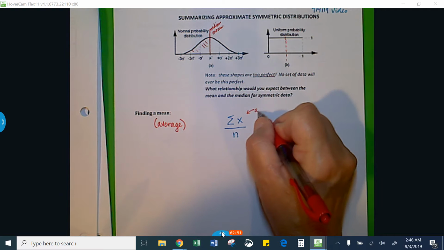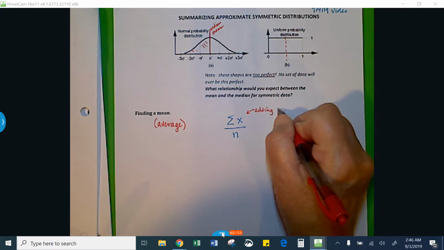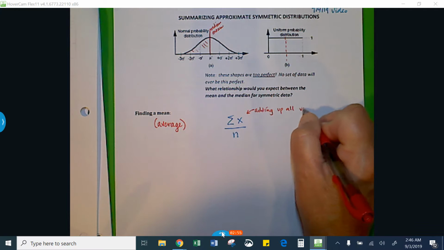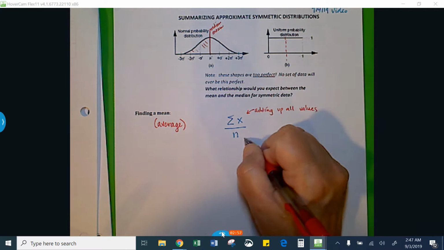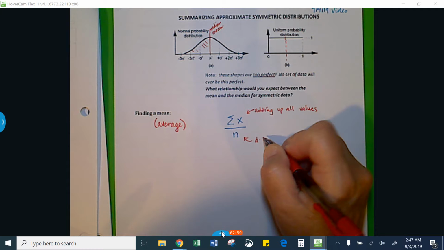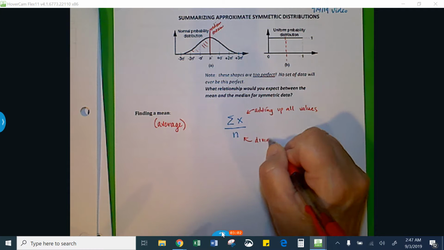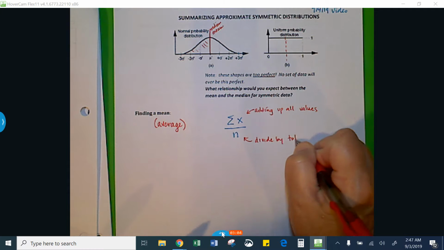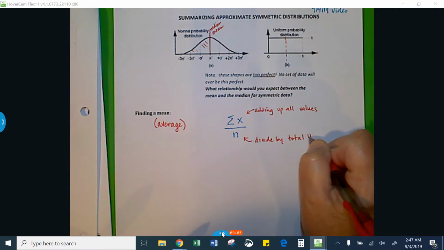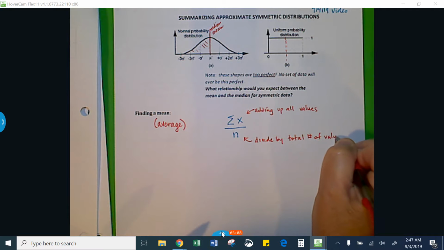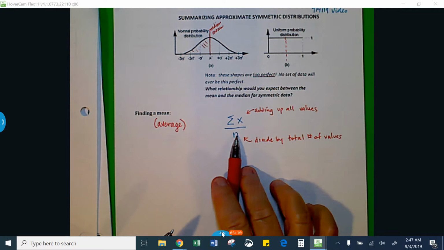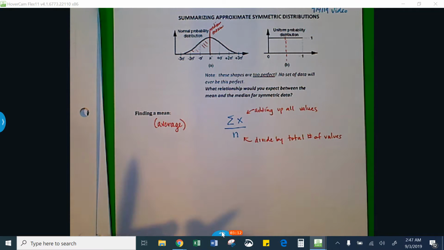We're adding up all the data values, and we're dividing by the total number of values, your data set size, n.